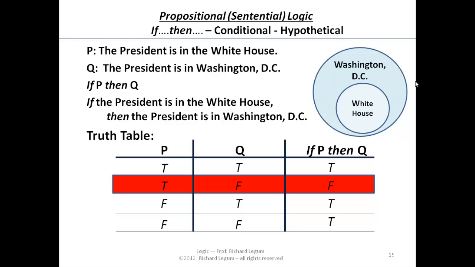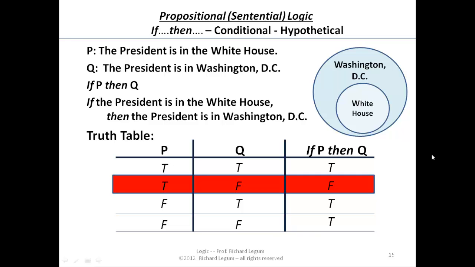There's only one to remember. That is when P is true, the antecedent is true, and Q, the consequent, is false. This is the only case we have to remember. We can remember the rest of them are all true.